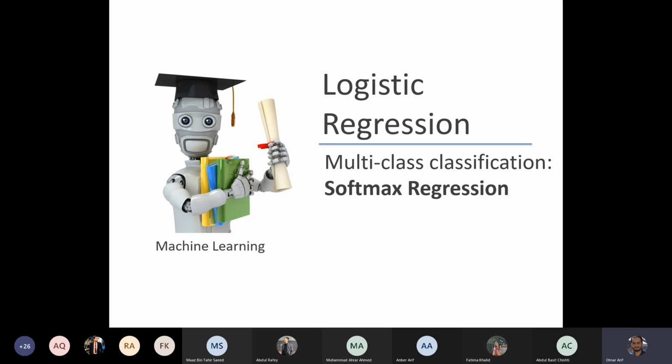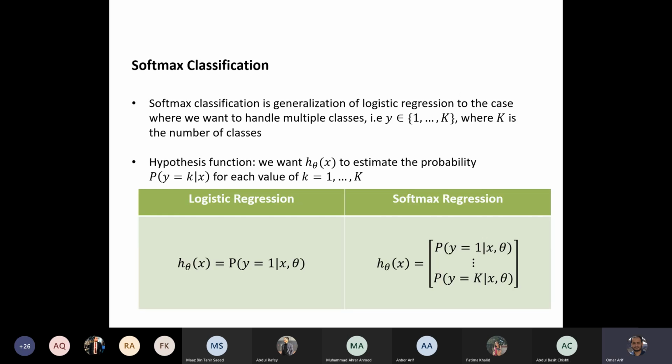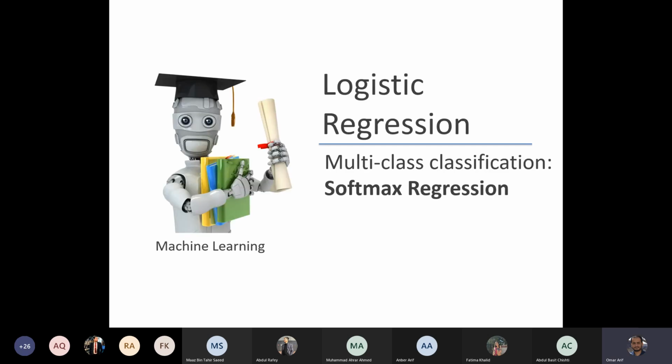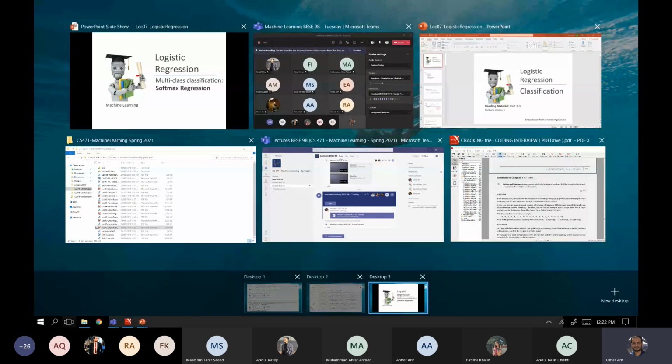Okay, so multi-class classification. Before going over to multi-class classification, let's have a small quiz. Please take out your paper, write your names, and do it with your own hand.